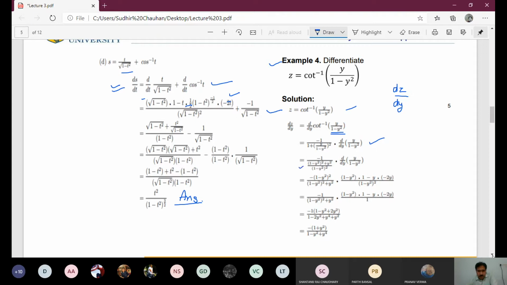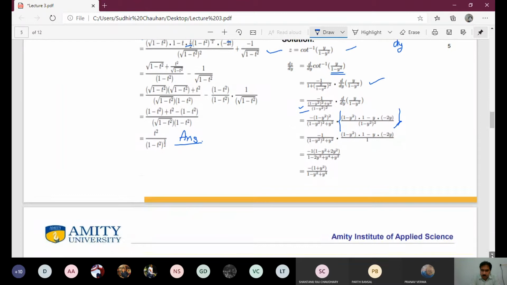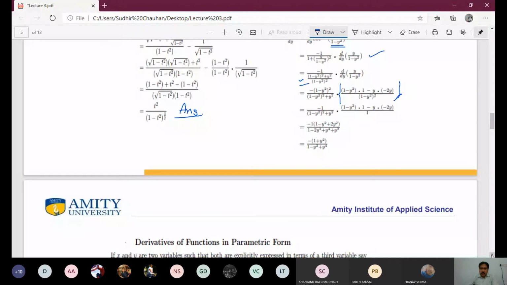So here we can simplify it and then we can find the differential with respect to y of y upon 1 minus y square. So again we'll apply the quotient formula and then we can simplify it. After simplification we can get it as minus 1 plus y square upon 1 minus y square plus y4.